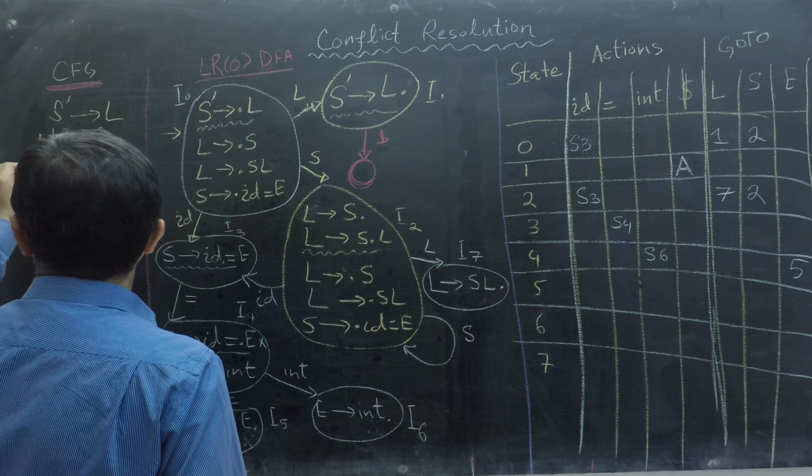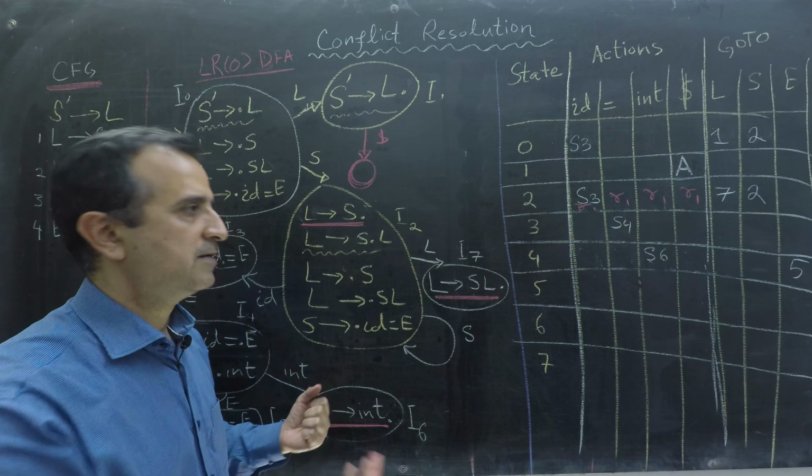Because L goes to S has number 1, I have to add R1, R1, R1 and R1. Obviously you can see a shift-reduce conflict here because both of those actions are in a single cell.